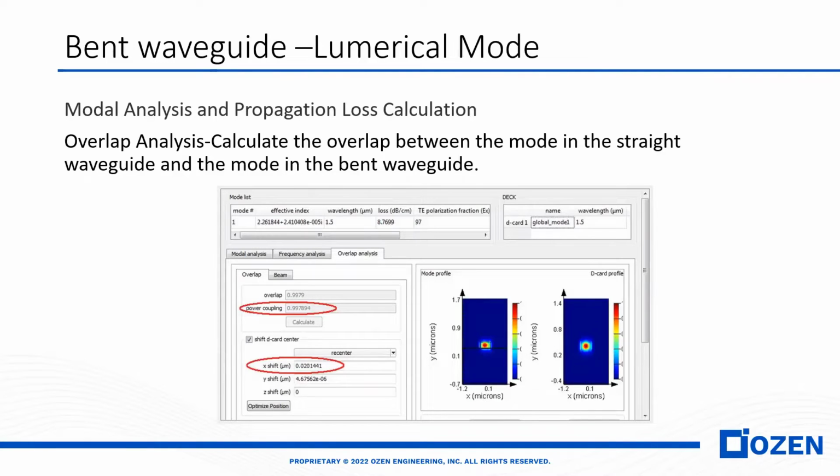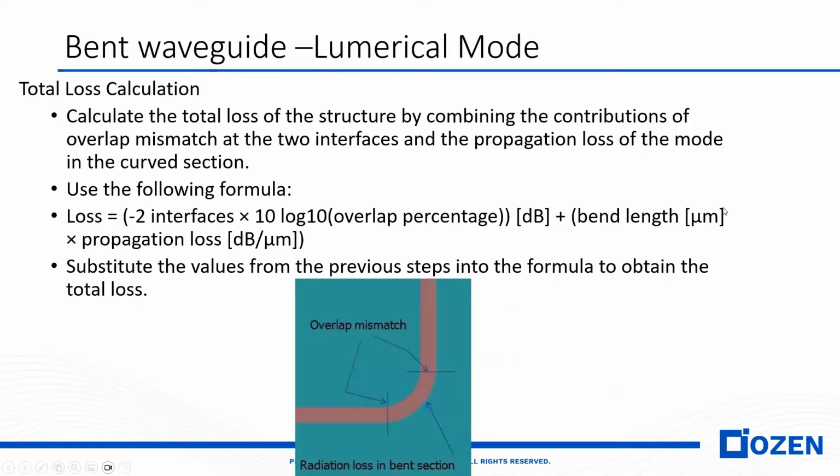And also, we can calculate the total loss. Actually, the total loss, as you see here in this picture, is calculated from the overlap mismatch and radiation loss in a bent section.